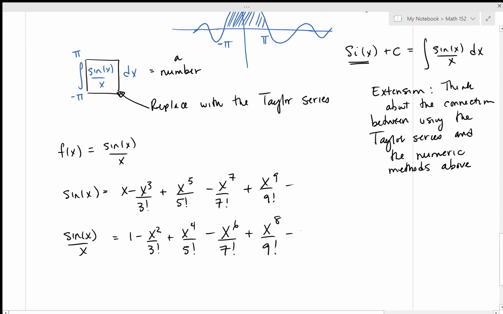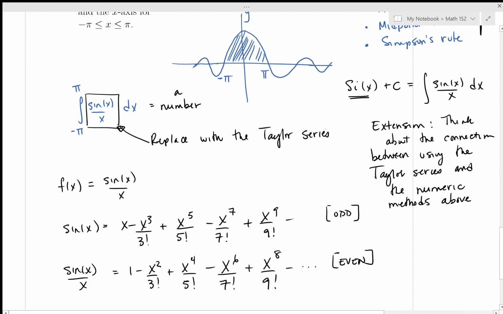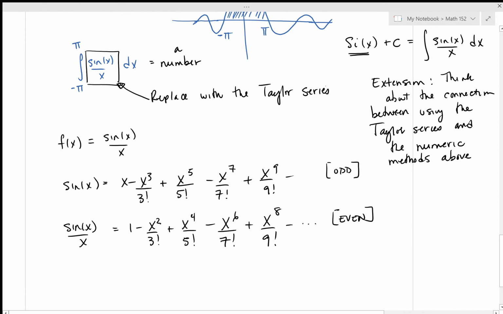Okay, like that. Now, we know that sine's an odd function. And you notice what's happened. Now we see only even powers here. So we know that this is an even function. And you can see that from the graph I've drawn. It's an even function. Okay, so we've got the power series centered about 0. Why did I center it about 0? This Taylor series right here is centered about 0.